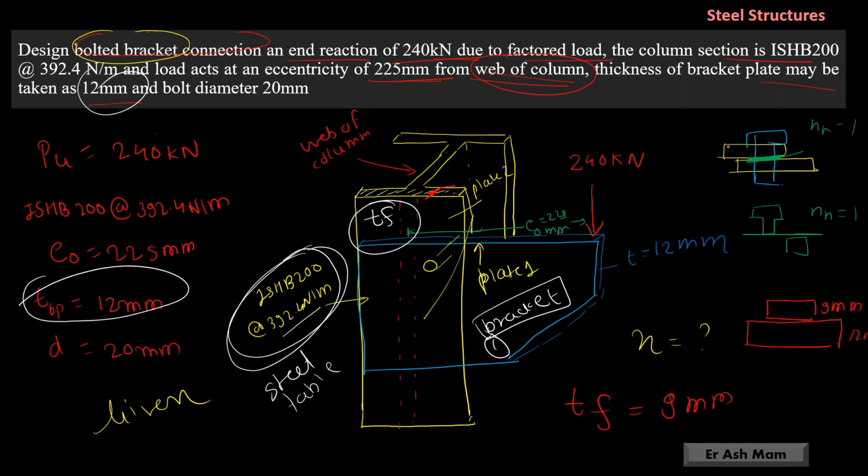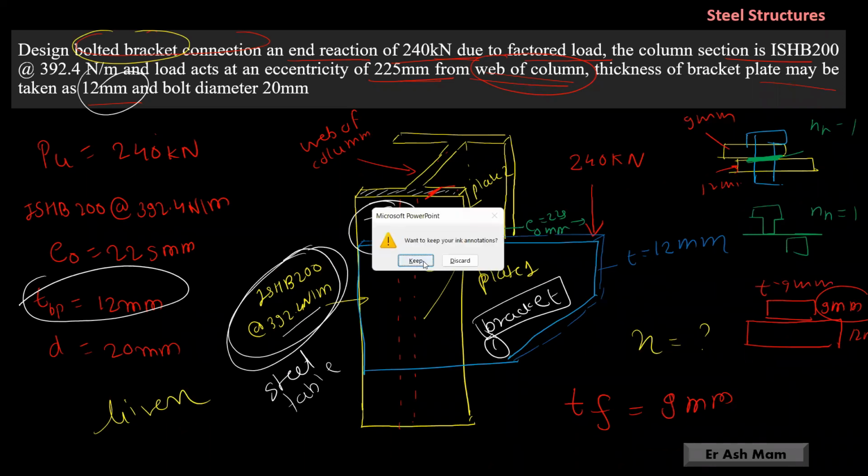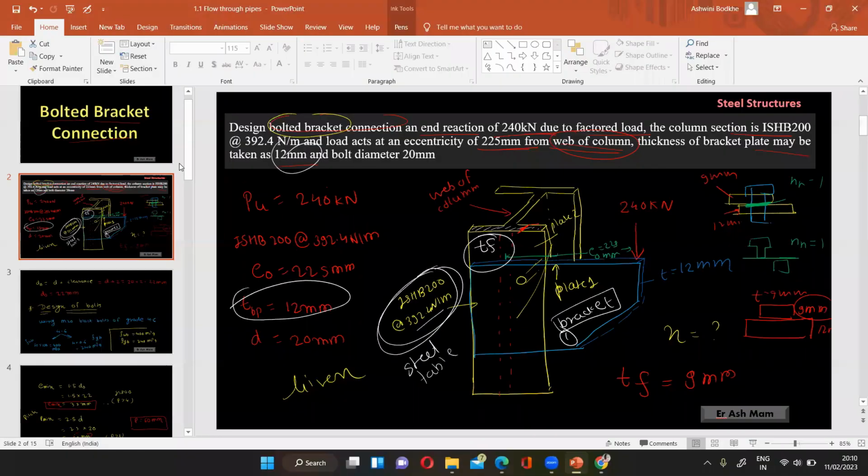Which one is weaker? Obviously 9 mm, because the material is the same, that is steel. Therefore 9 mm is weaker than 12 mm, so we have to adopt thickness equal to 9 mm. So in bearing, this plate will bend.